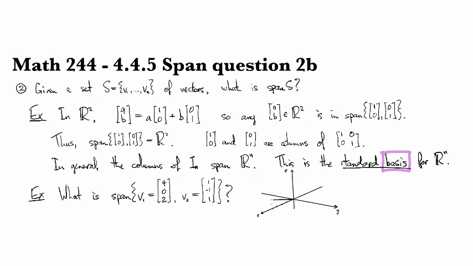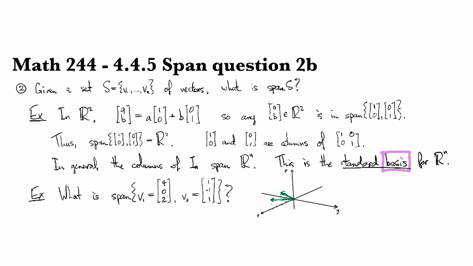So we've got some vector that looks like that. For V2, we go 1 and then negative 1 and then up 1. So boom, boom, boom, over here somewhere.